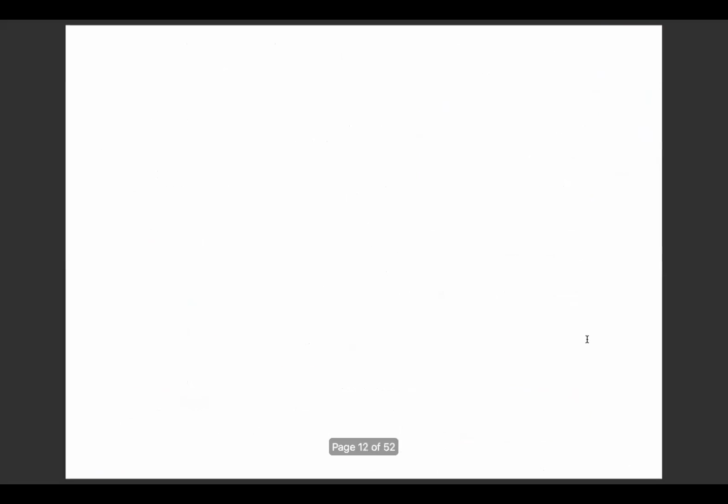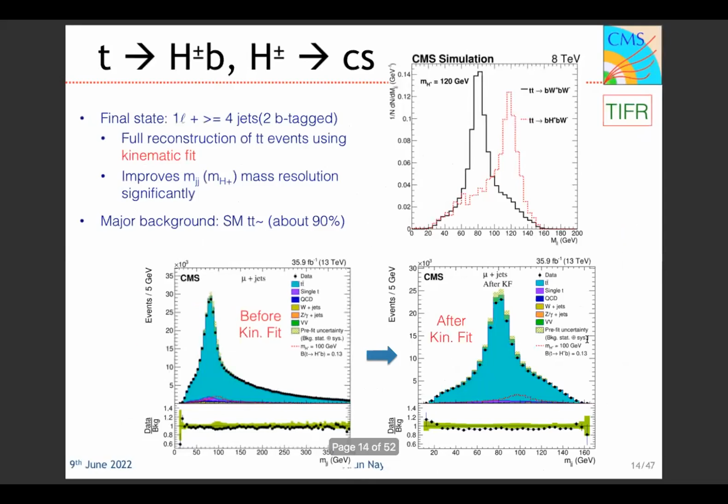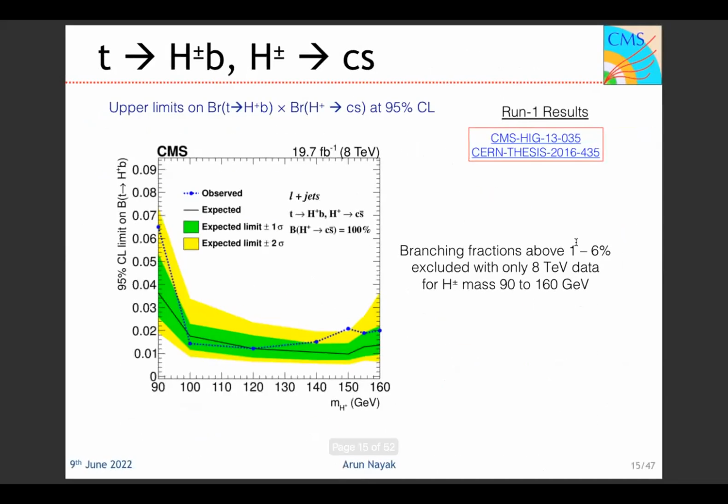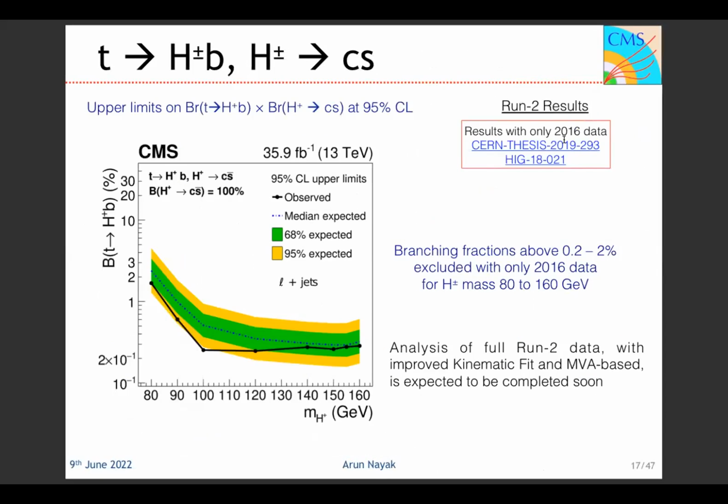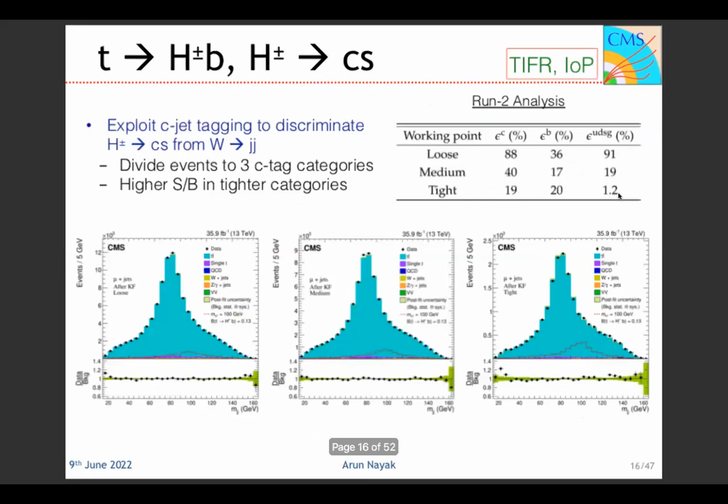But the second one, charged Higgs to cs, is fully Indian. I listed two theses here. One is the thesis from Gourango Kole, with Run 1 data, and the second one is Ravindra, who did his thesis with the 2016 data, and the third one we are currently working on with a student.